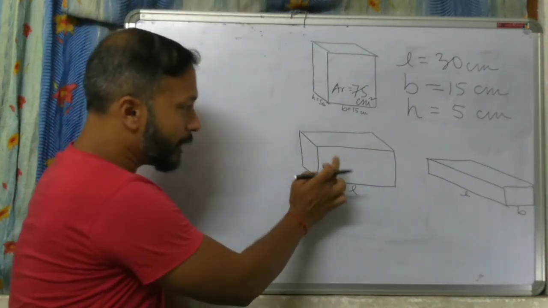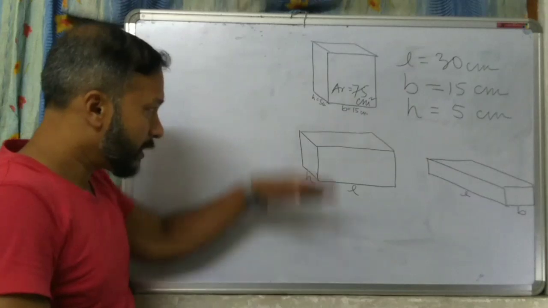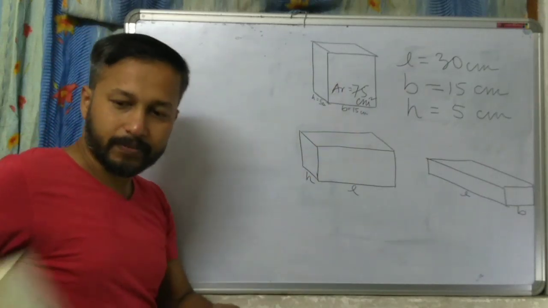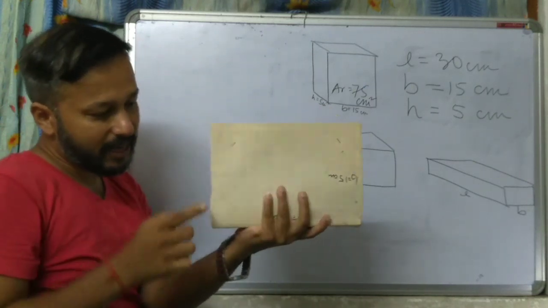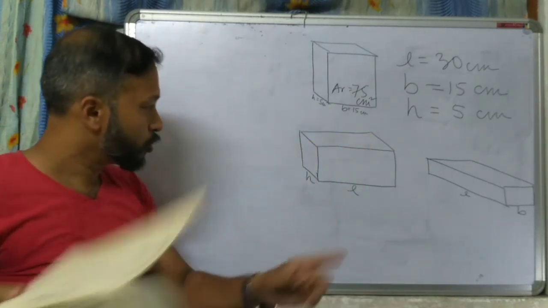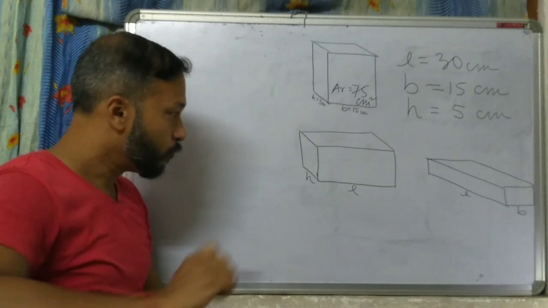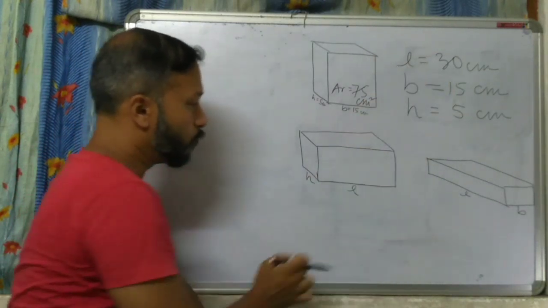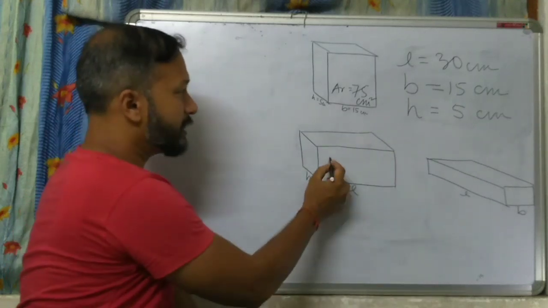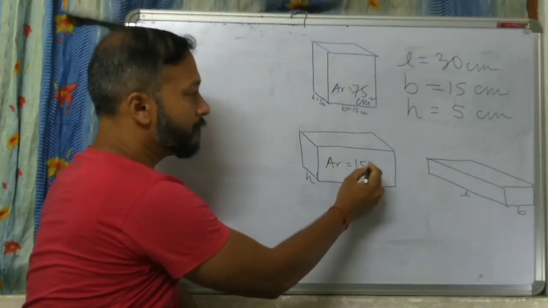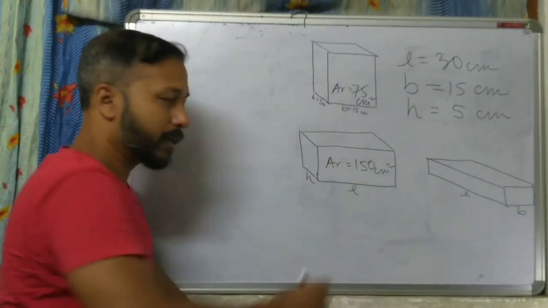Now, when you are keeping your book this way, then length and this height. So length and height. What is its length? 30. What is its height? 5. So 30 into 5, that is area equal to 150 centimeter square.